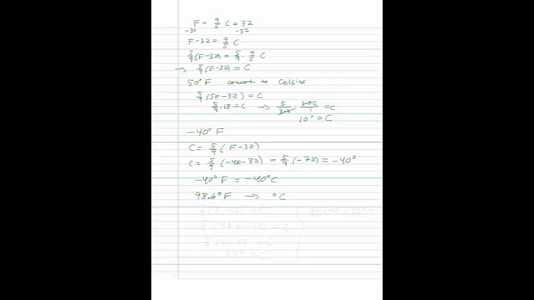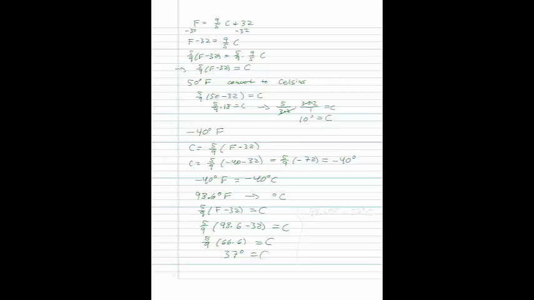So we'll use our rule: 5/9 of F minus 32 equals C. So 5/9 of 98.6 minus 32 equals C. 98.6 minus 32 is 66.6. 5/9 of 66.6 equals C. So 5/9 times 66.6 gives us 37.